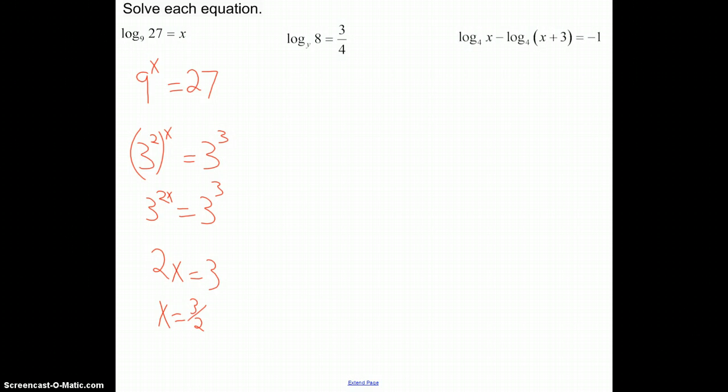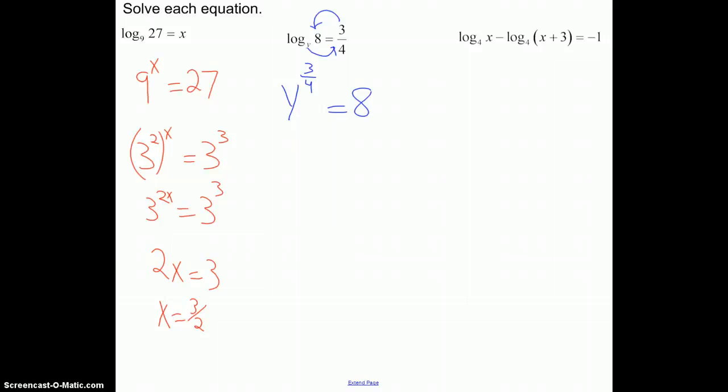All right. For the second example, log base y of 8 equals 3/4. So again, rewrite it exponentially. The base to the power of the number that equals the logarithm equals what you're taking the logarithm of. So we're just rewriting this exponentially. Y to the 3/4 equals 8.